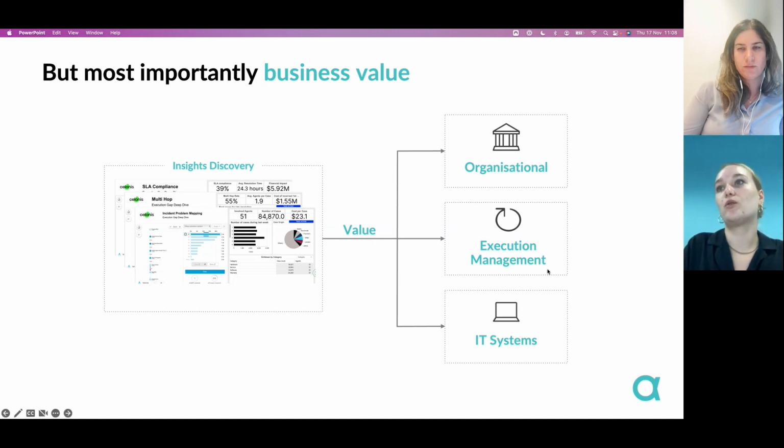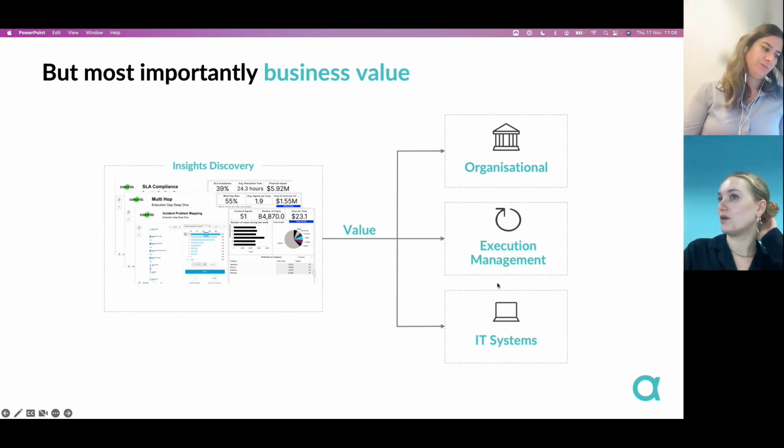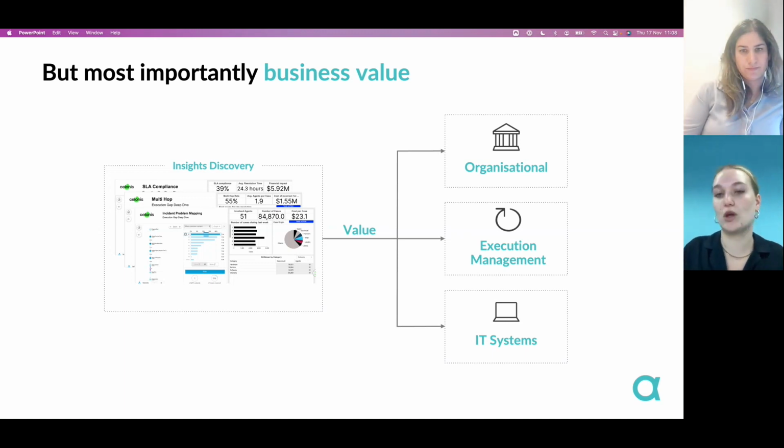We also create value with execution management. That's the example I briefly mentioned before, where we create automations to execute certain manual steps in your process faster and more efficiently. And lastly, we also uncover data quality issues in your IT systems, and it can also help you use your IT systems better.